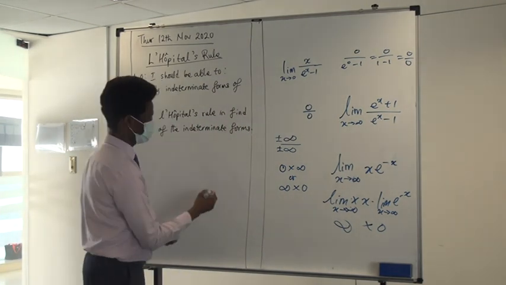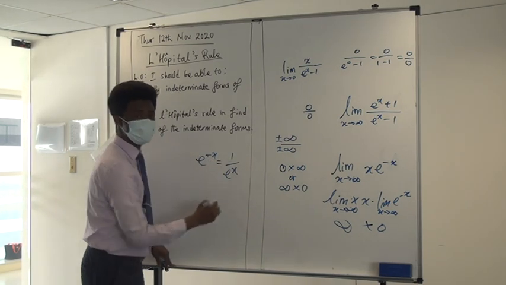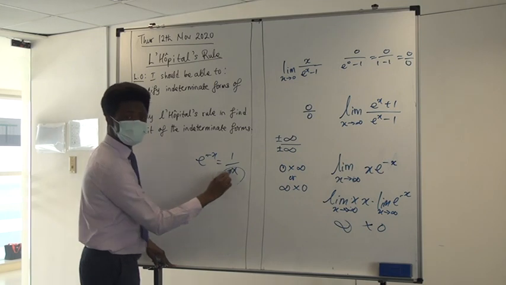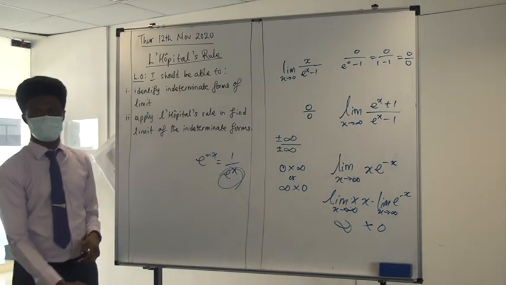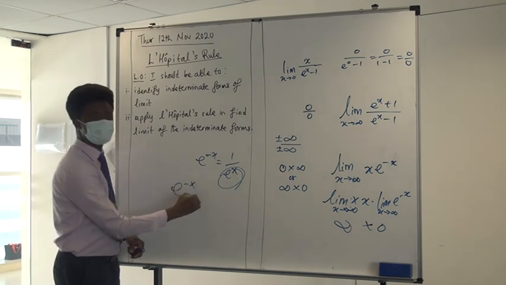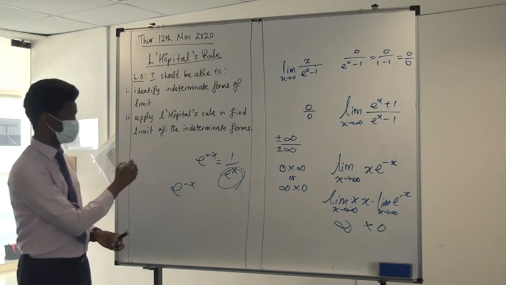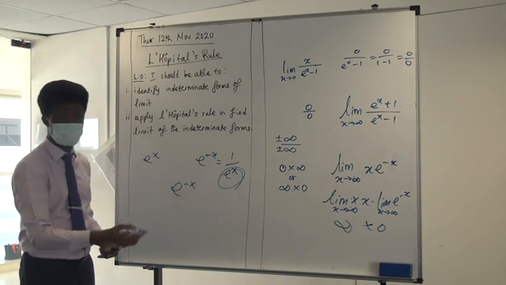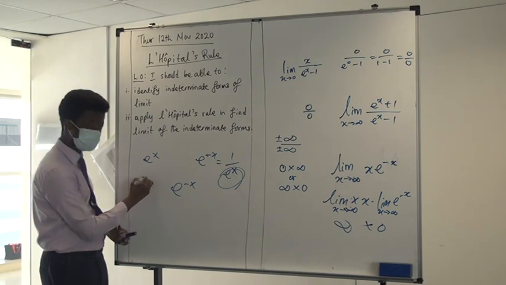Do you agree? Exponential negative x is 1 over exponential x. As this explodes, 1 over that moves closer to 0. So that is why we say exponential negative x approaches 0 when x approaches infinity, but exponential x approaches infinity when x approaches infinity. Remember, exponential is 2 point something.